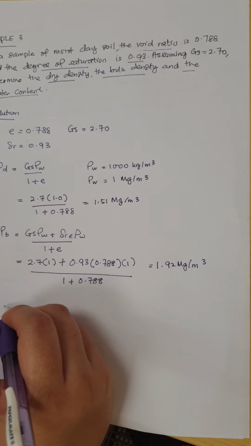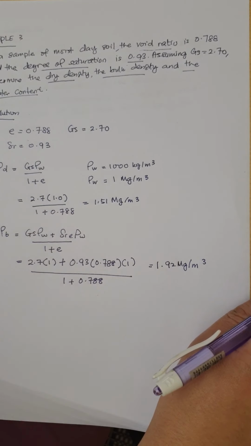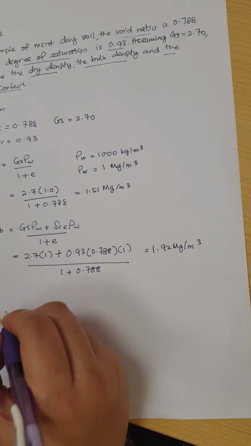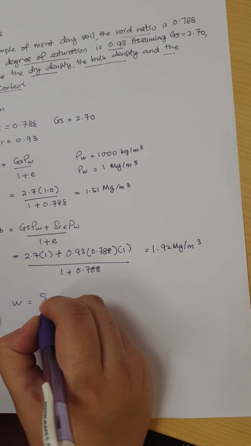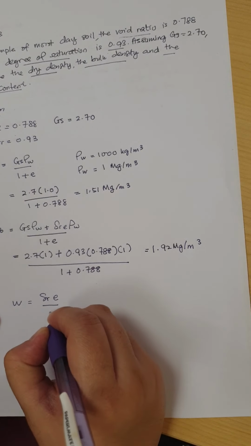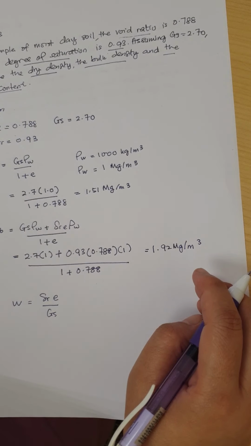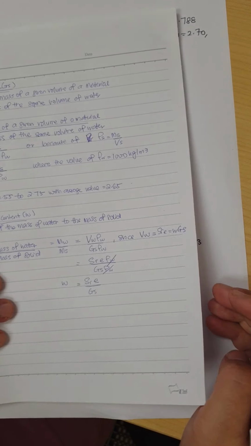So next, it asks you about the value for water content. So water content is given by Sr e divided by Gs. For this one, you need to refer to your moisture content equation here.